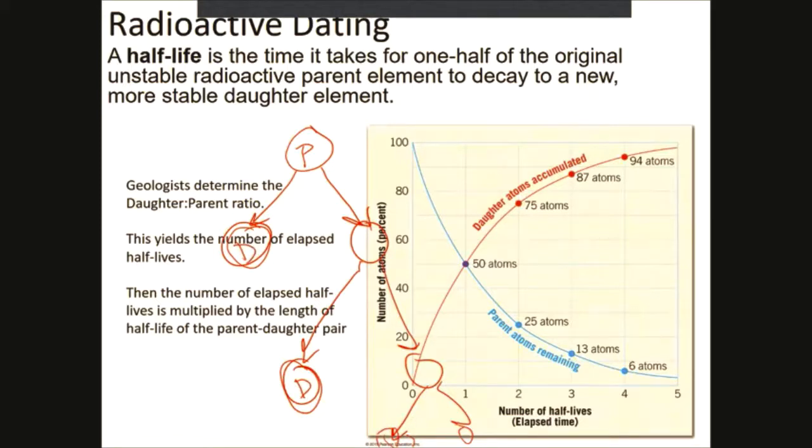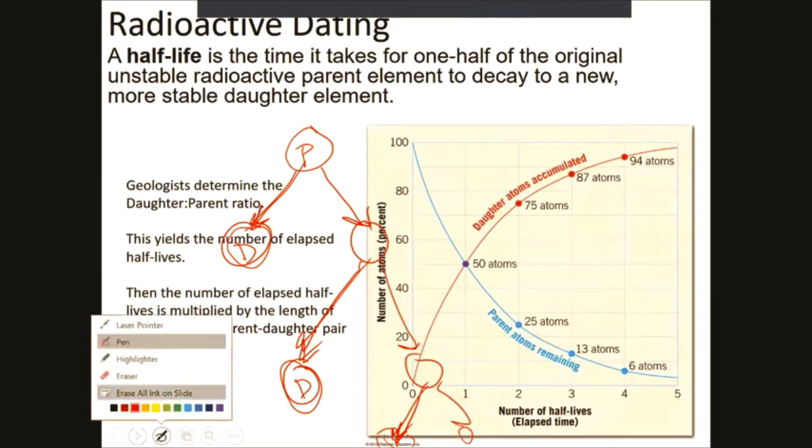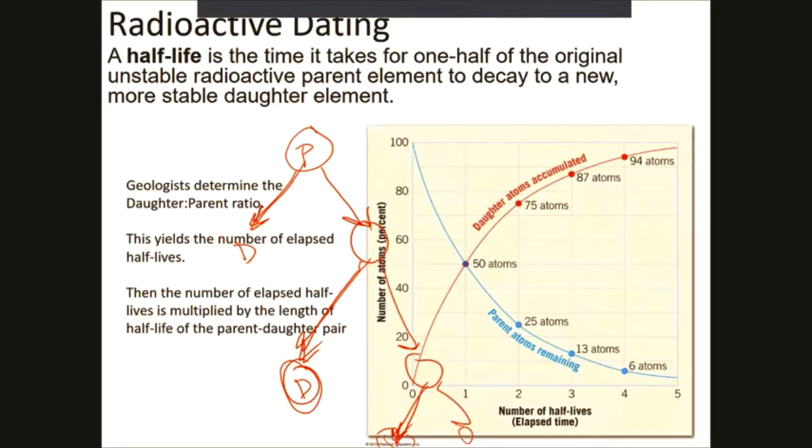Okay, stable daughters. And so radioactive parents decay into stable daughters. Now, physicists, after studying radioactive materials, learned that radioactive elements decay away or break down at a predictable rate.